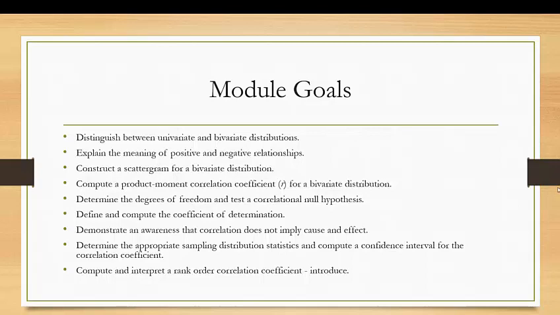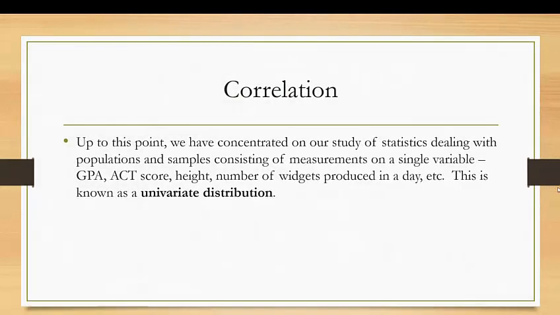Let's begin with what a correlation is. So up to this point, we've concentrated on statistics dealing with populations and samples consisting of measurements on a single variable. What we mean by that is we've looked at GPA, ACT scores, height, the number of widgets produced in a day.